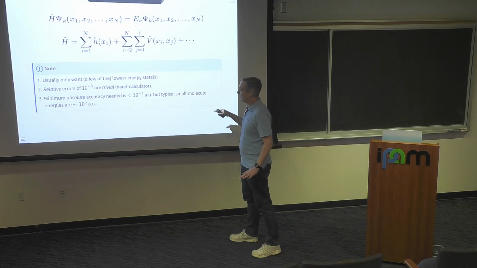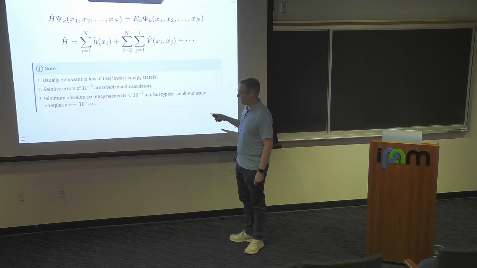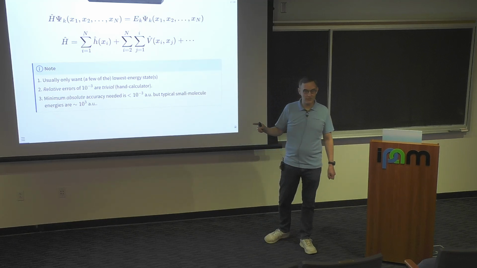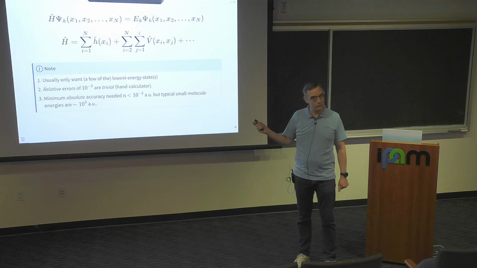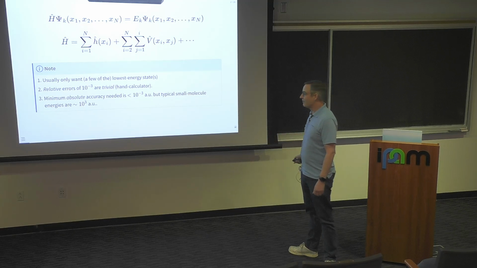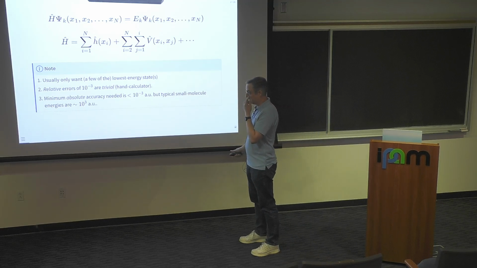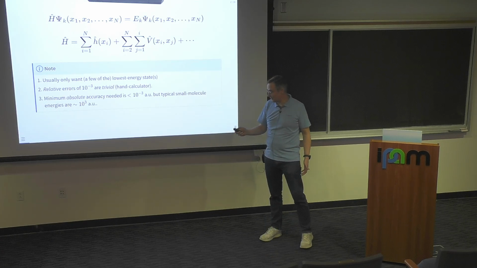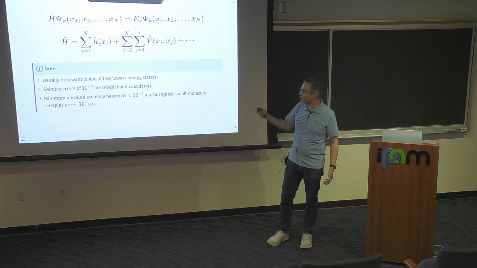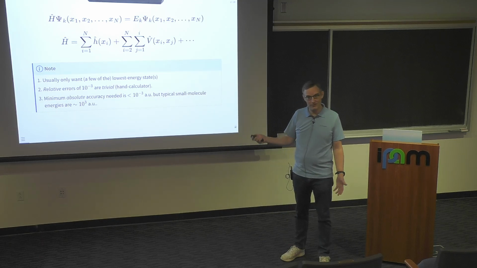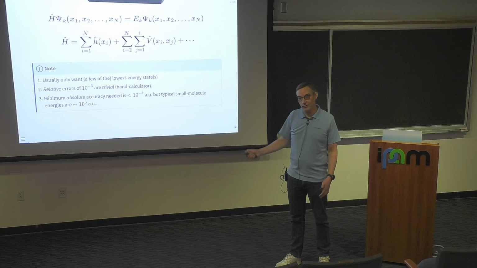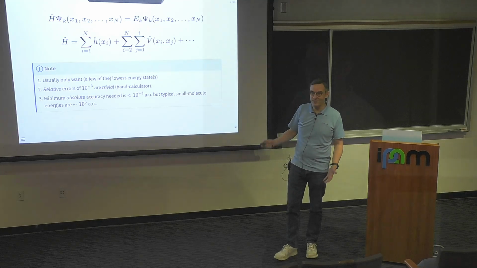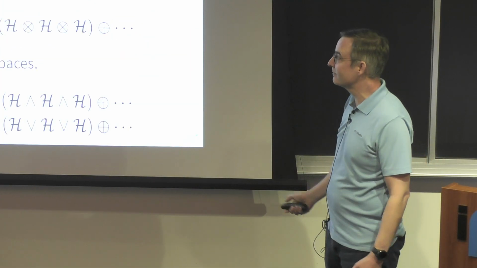And the reason this is hard is because we need really incredible accuracy, something like 6 digits of precision or something like that, right? And so we need really good solutions to this problem. And the dimensionality of this problem is hard. So even though this is some sort of innocent-looking, linear second-order partial differential equation, it's not an easy one, right?